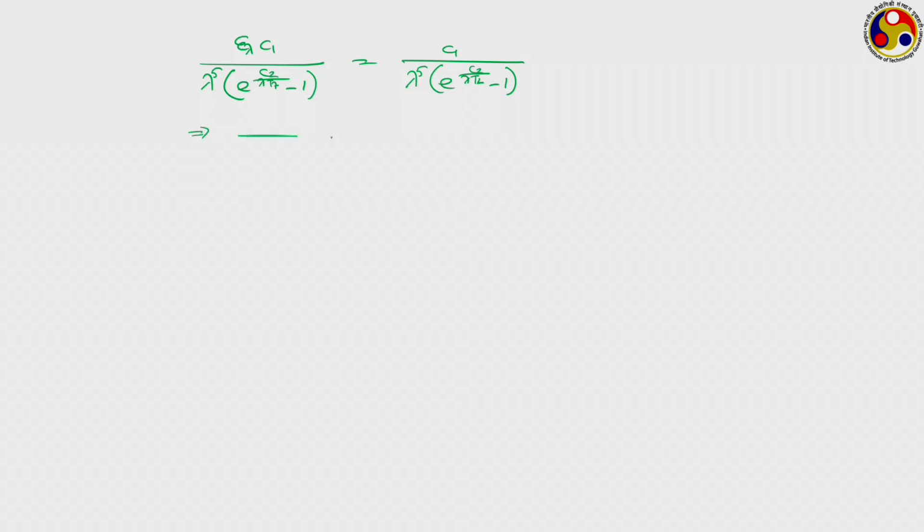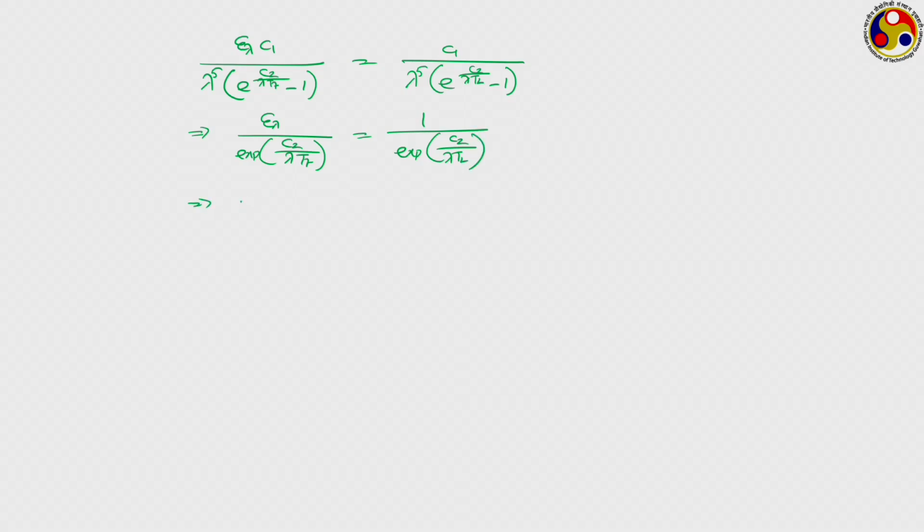So, we have epsilon lambda divided by exponential of C2 by lambda into the target temperature is equal to 1 divided by exponential of C2 divided by lambda TL.